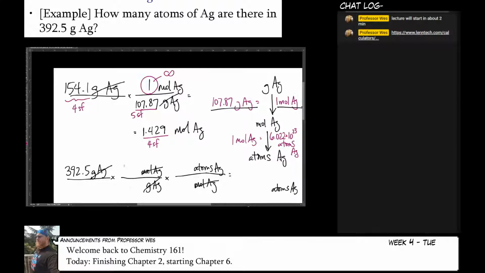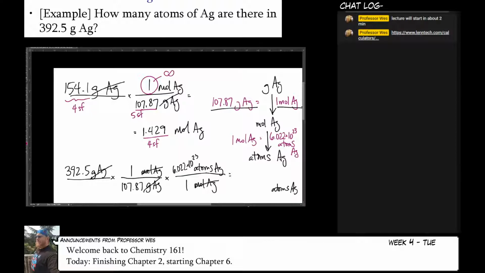So now we'll run the numbers. A mole is still 107.87 grams of silver. And there's Avogadro's number of atoms in a mole. So grab your calculator or Wolfram Alpha and put all this stuff together.